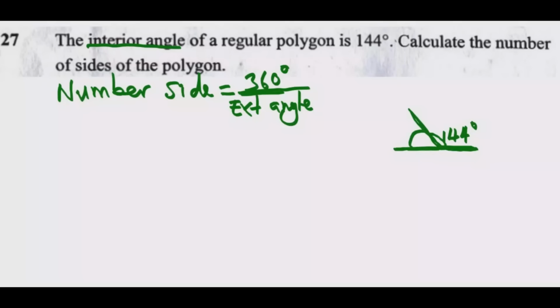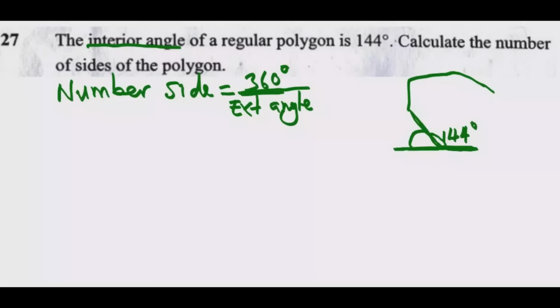What is the value of this angle? This is the exterior angle. Remember, this is a polygon. I don't know how many sides it has. I'm just giving an example. So when you extend this line, this will form the exterior angle. So the exterior angle of this polygon, which has 144 as interior angle, will be the difference of this angle and 180 degrees.